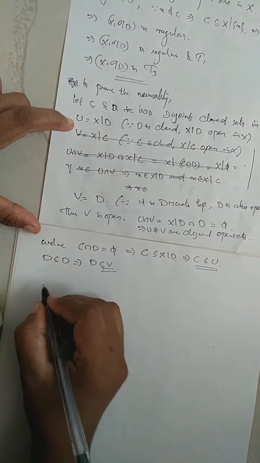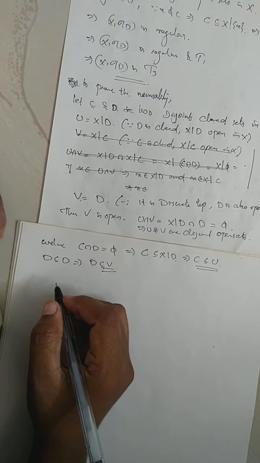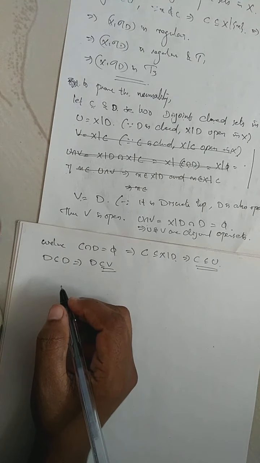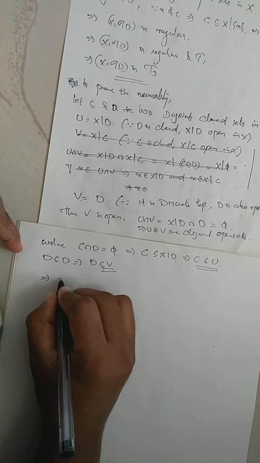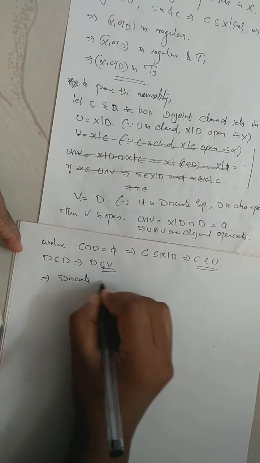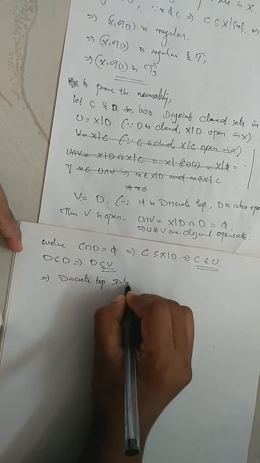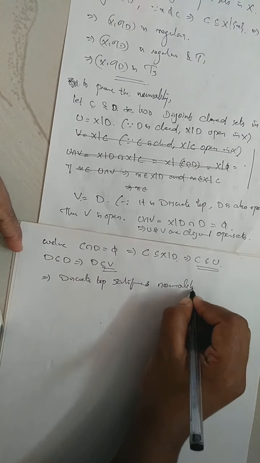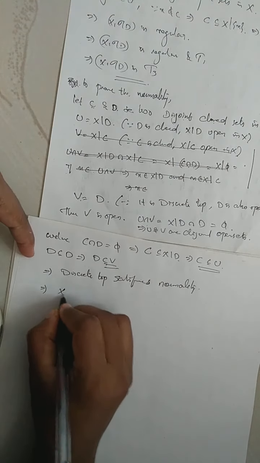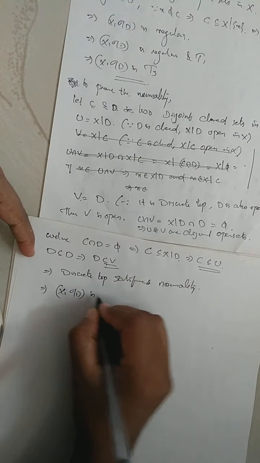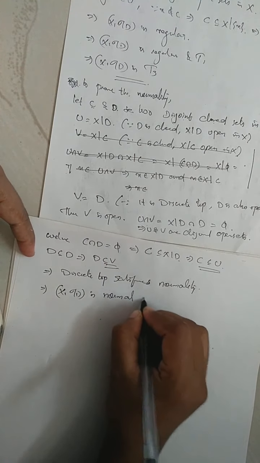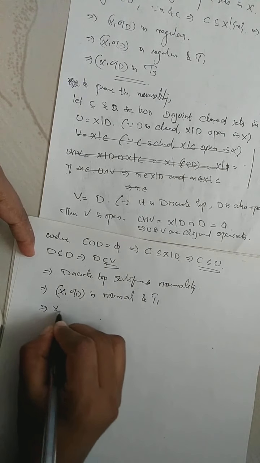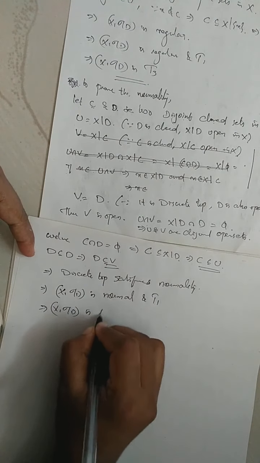So for disjoint closed sets C and D, there exist disjoint open sets U and V such that C is contained in U and D is contained in V, which implies discrete topology satisfies normality, and it is also T1, right? So X with the discrete topology is both normal and T1, which implies discrete topology is T4.